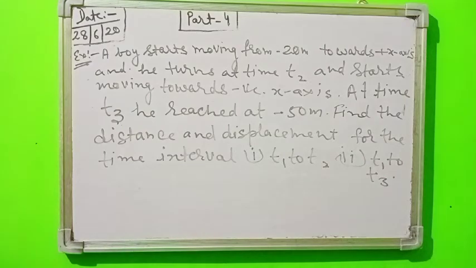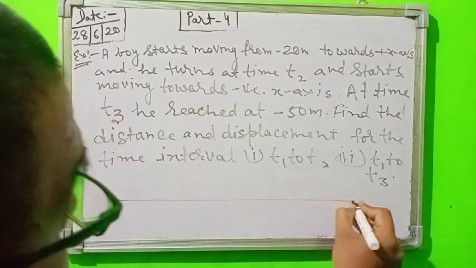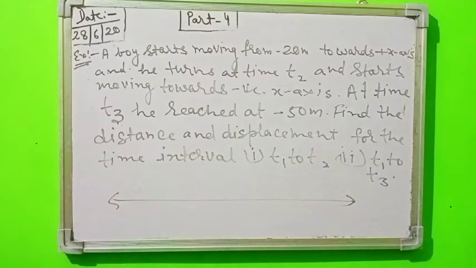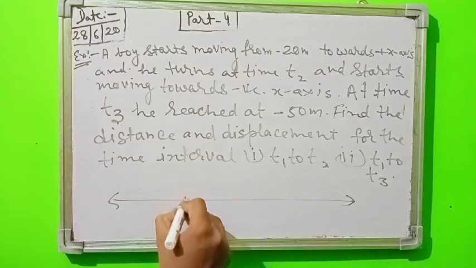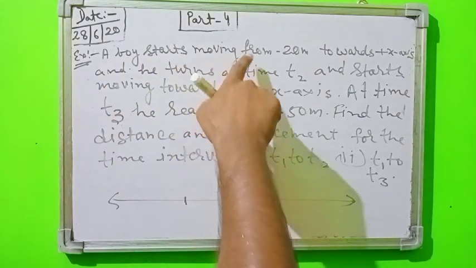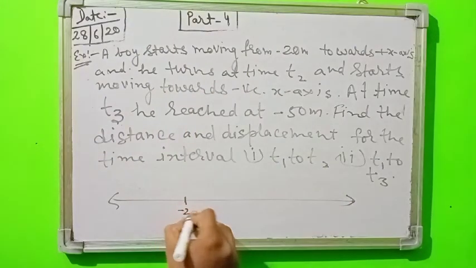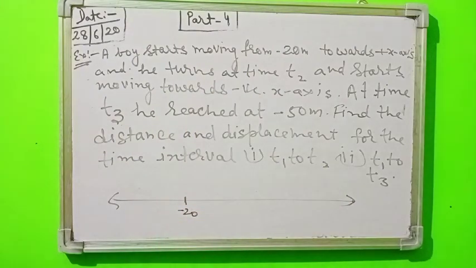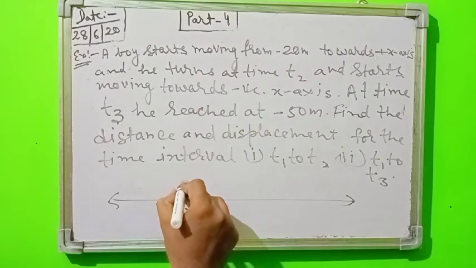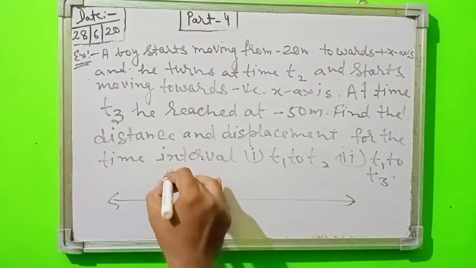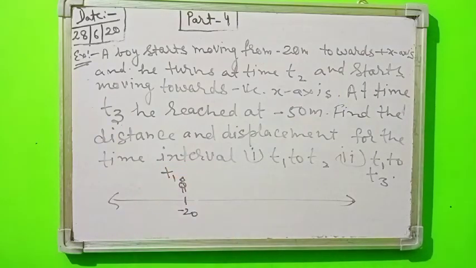Now look at the question. It is given that at time t1 the position of the boy is -20 meter.